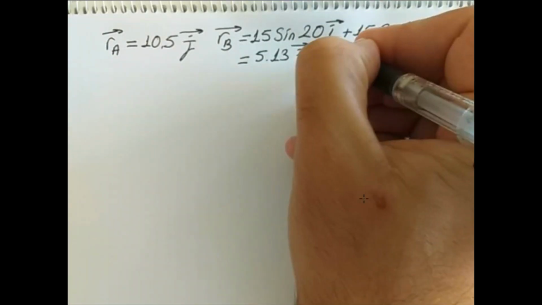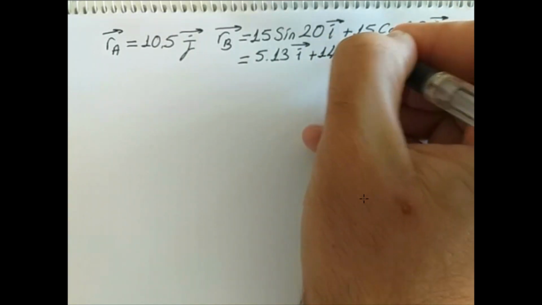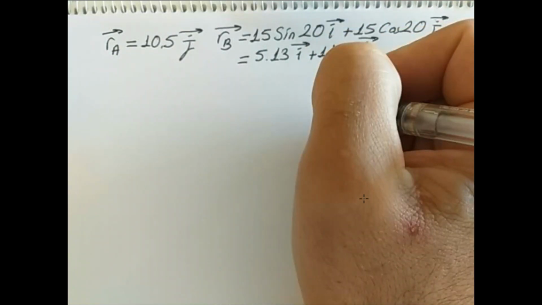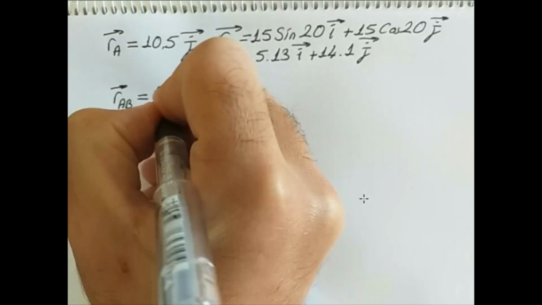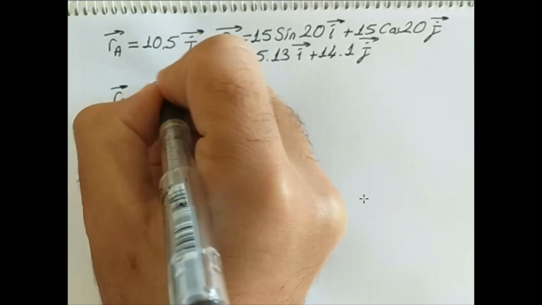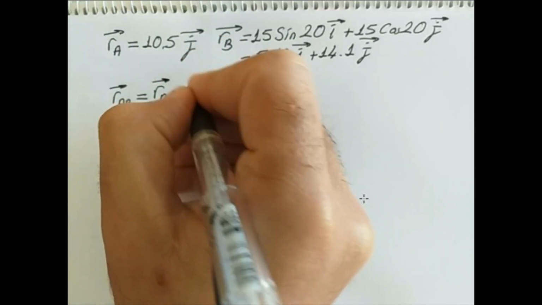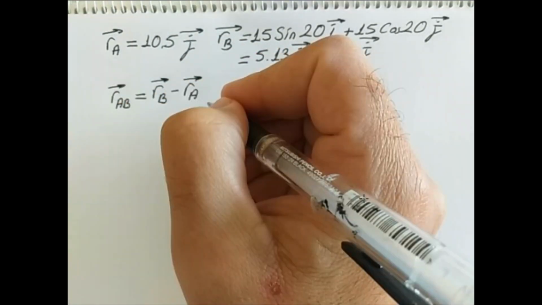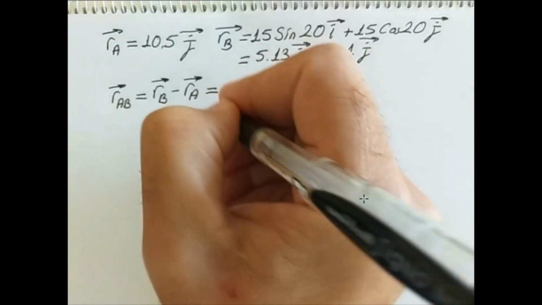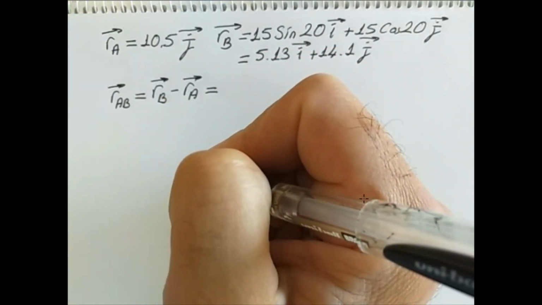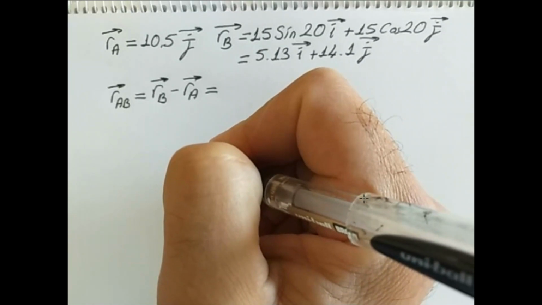Now what we need to do is to calculate the RAB. So the relative position of B with respect to A first. So this is RB minus RA. Okay. So if I do the calculation, what I'm going to get is, sorry, this is not 10.5 J, this is K. I made a mistake. This is K vector because RA is in Z direction.